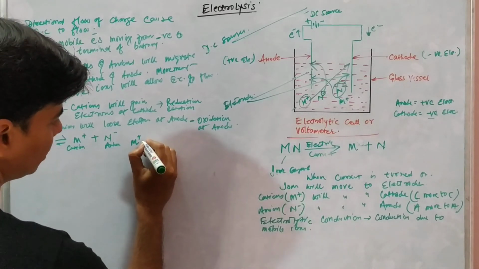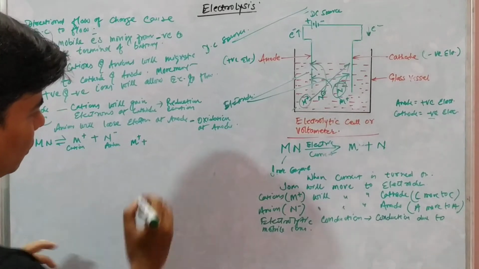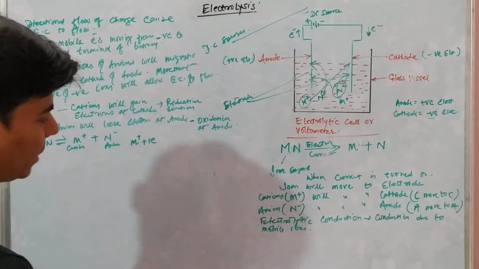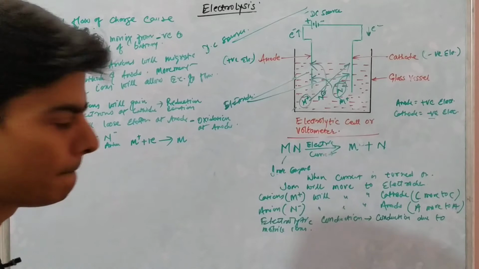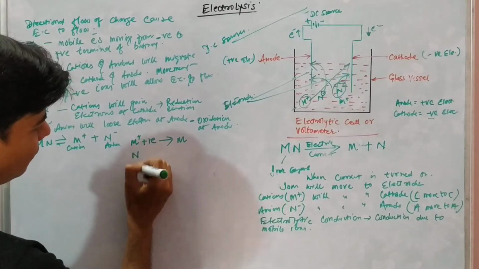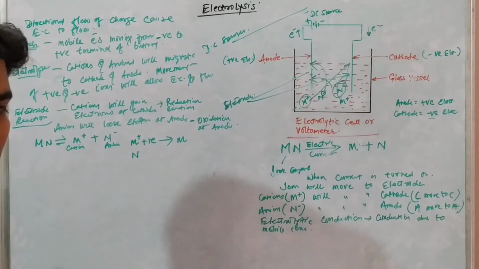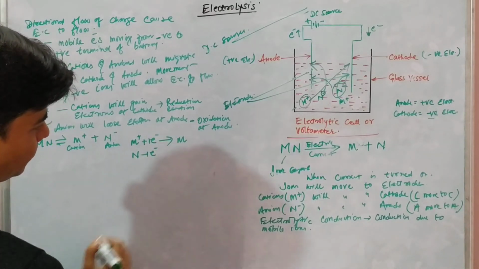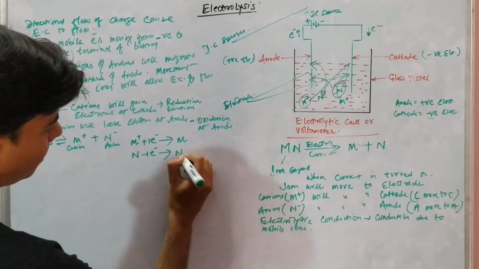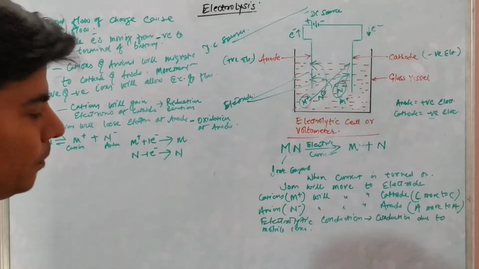Since it's a negative electrode, it will gain 1 electron to form M, right? Similarly, N minus is an anion, it will move to anode, it will lose electron there, it will form N, right?